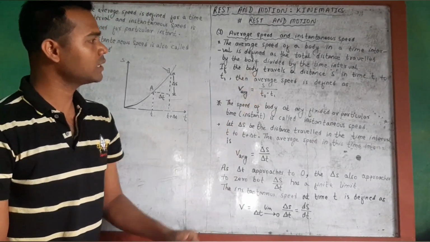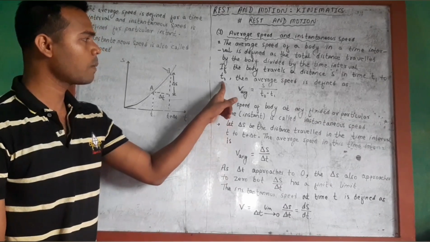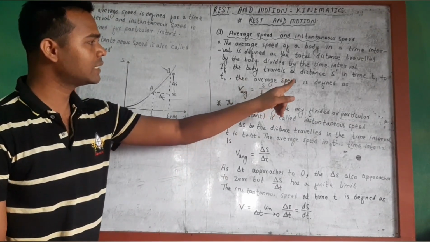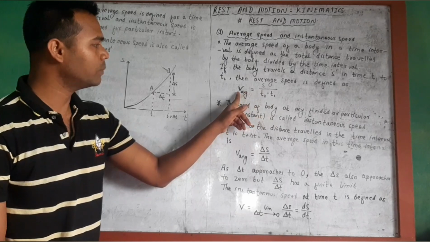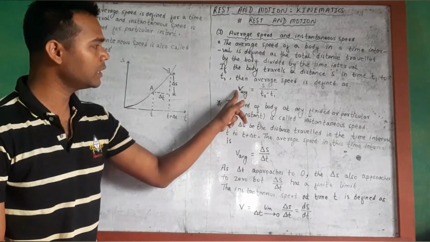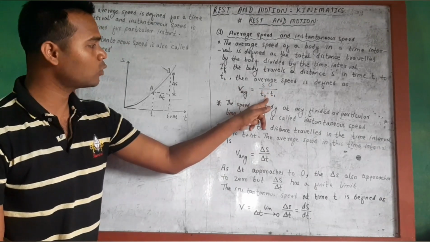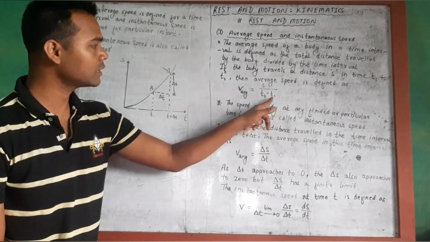If the body travels a distance s in the time t1 to t2, then the average speed is defined as v avg, this is the average speed, equal to total distance s divided by total time interval t2 minus t1.